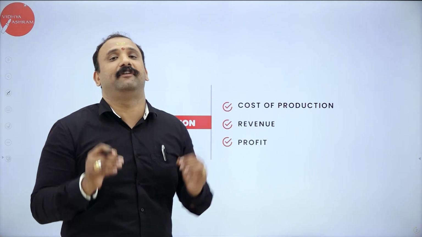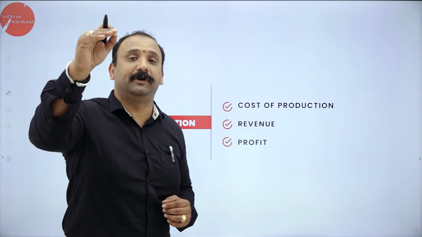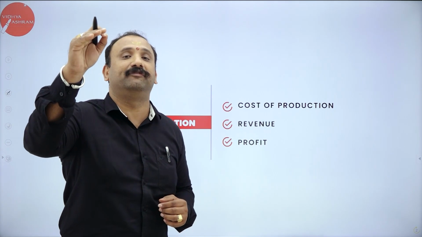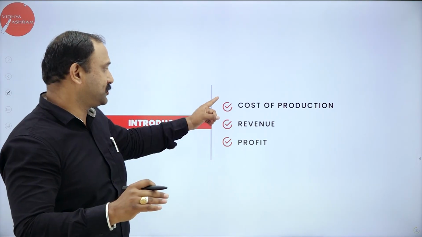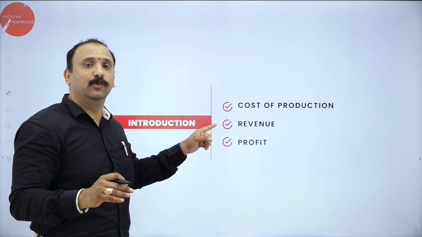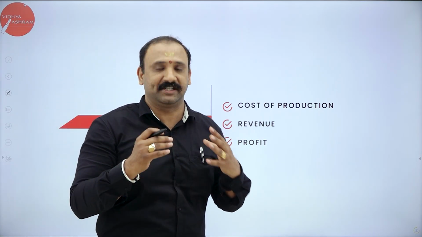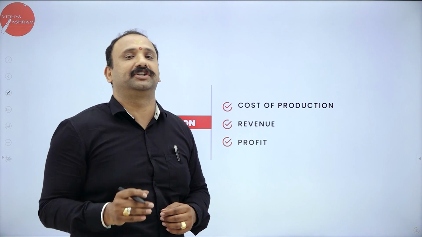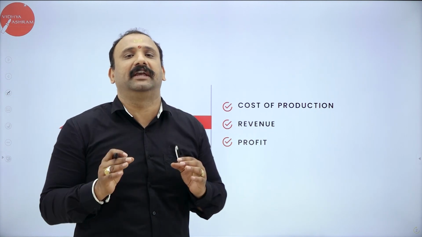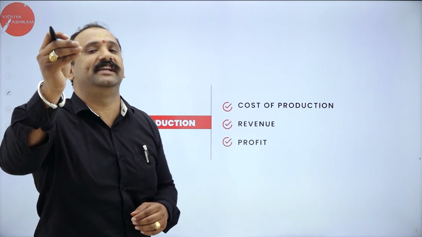The first three factors that any entrepreneur will get in the form of economics are cost of production, revenue, and profit. Now, what do these terms mean to us? Cost of production. To produce something, there is a cost that is involved.